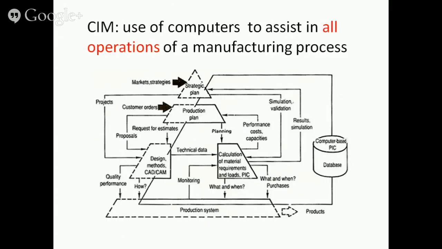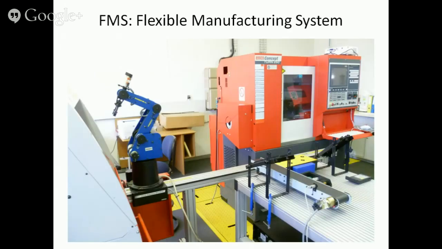CIM processes are often represented in a so-called CIM pyramid. And the last term, the only one which does not start with a capital letter C, is an FMS, a flexible manufacturing system.